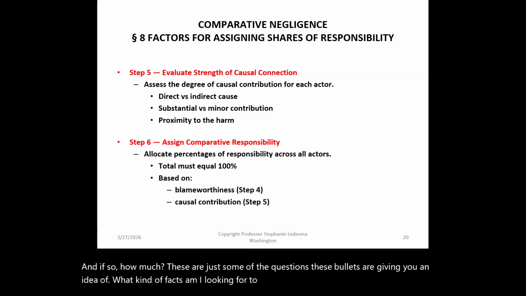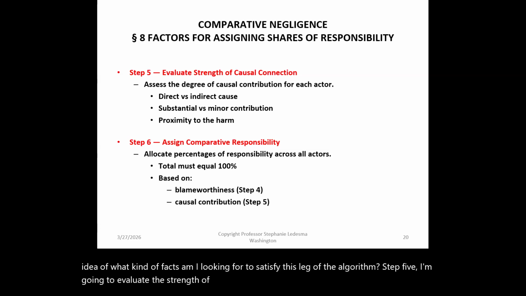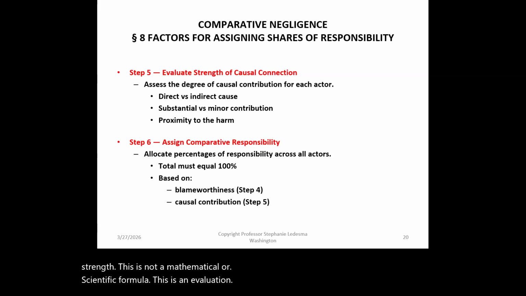Step 5, I'm going to evaluate the strength of the causal connection, right? I'm going to evaluate the strength. This is not a mathematical or a scientific formula. This is an evaluation. So I'm going to evaluate, was the plaintiff's participation the direct cause or an indirect cause?